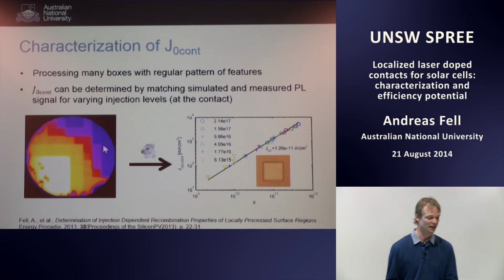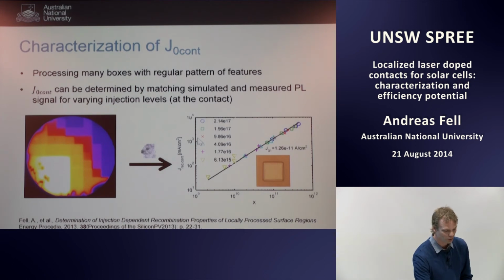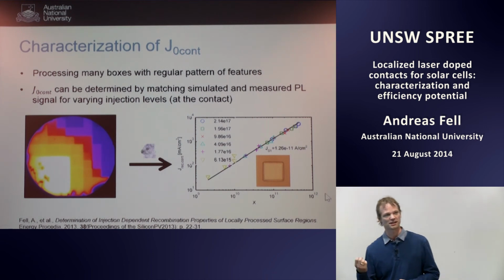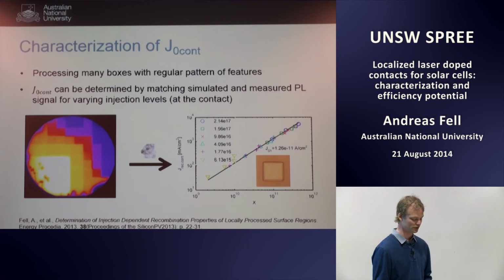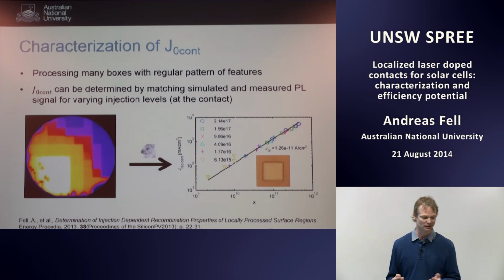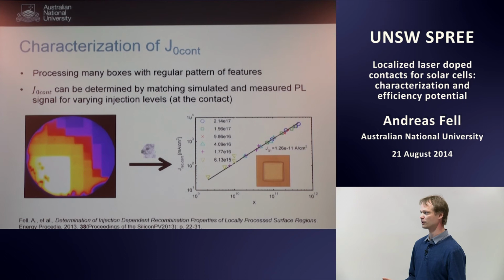And we also vary the illumination conditions. So what you actually get is a range of recombination currents at the same laser doped feature. And you can also extract from the device simulation the injection right at the contact. So you get a recombination current as a function of your injection at the contact.